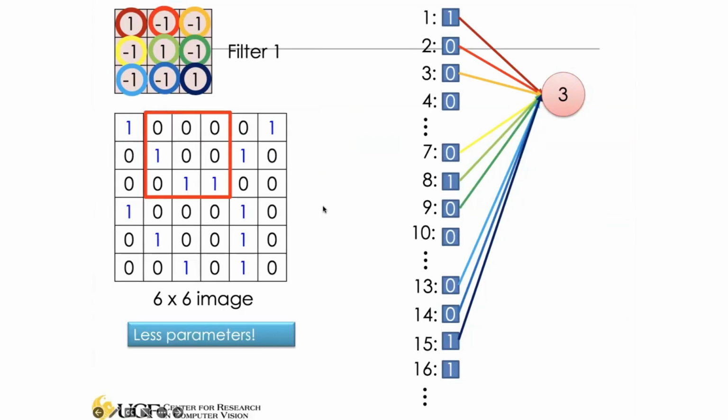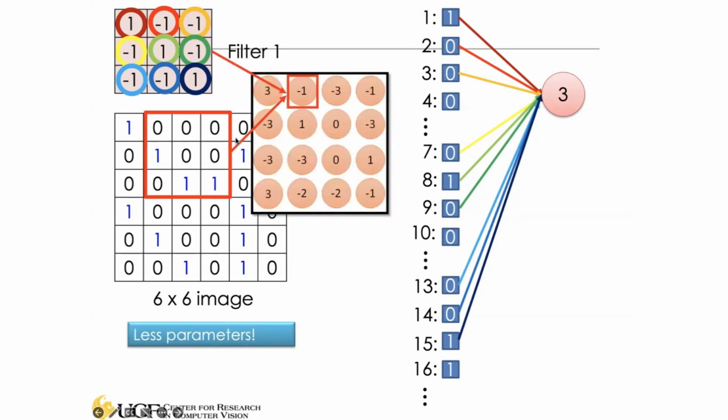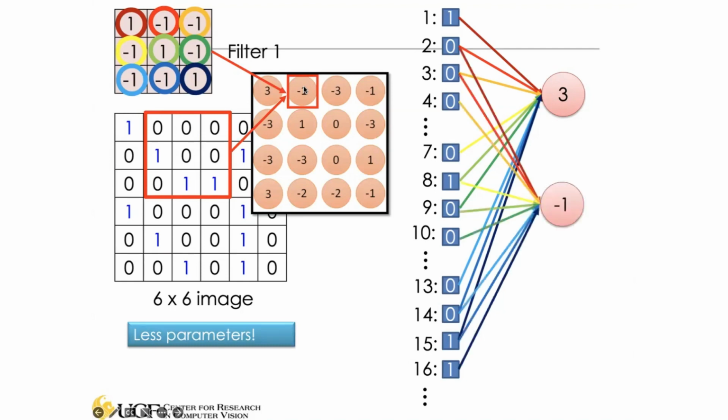And if we go to the next position, with the stride equal to 1, and we generate the second value in this feature map, we can also see which neurons in the previous layer this neuron is connected to. Here it is going to be these 9 neurons in the input.